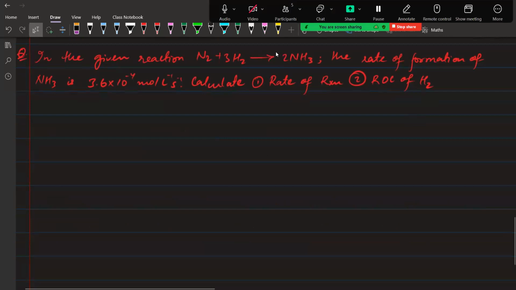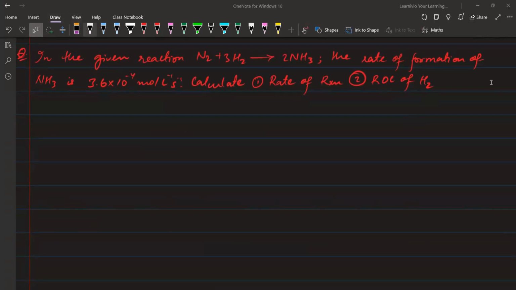Listen carefully. Tell me what is given. If you want to understand properly, then you have to turn your mic on and tell me. What is given? The chemical equation is given.